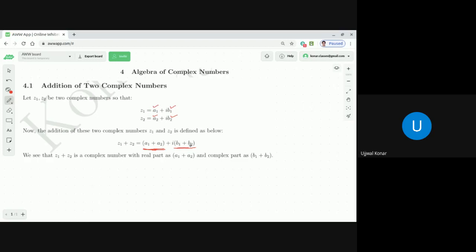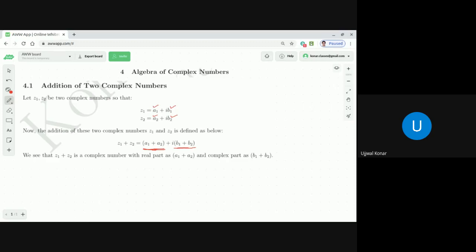So in simple terms, the real part of the resultant complex number, which is the addition of these two complex numbers, is the addition of the real parts of the individual complex numbers.